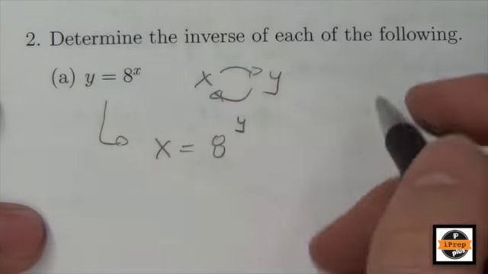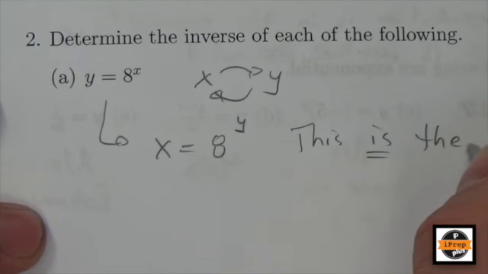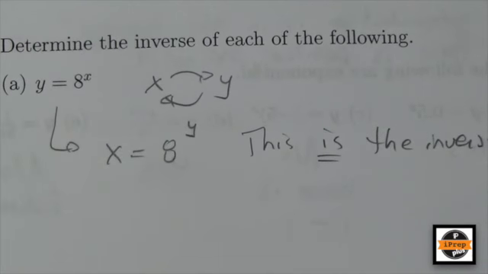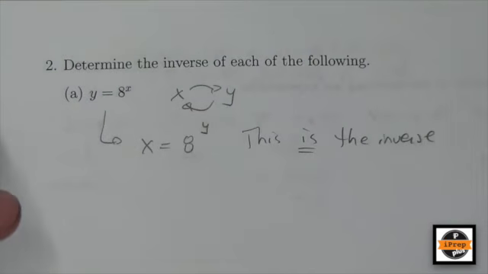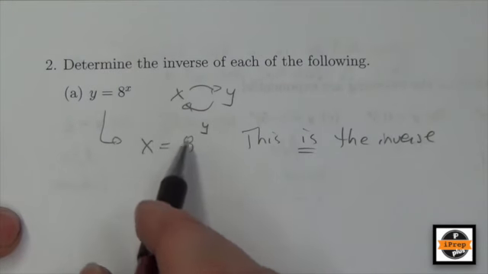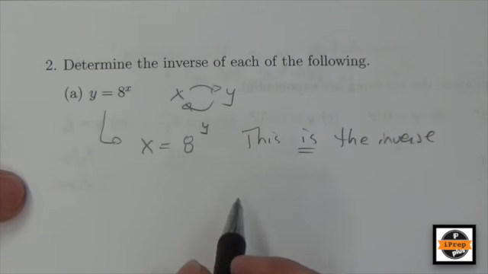Now, this is the inverse. You can't see that, but let's pull that back just a little bit. This is the inverse. That doesn't require anything else to be the inverse. Just swapping the x and the y creates the inverse.